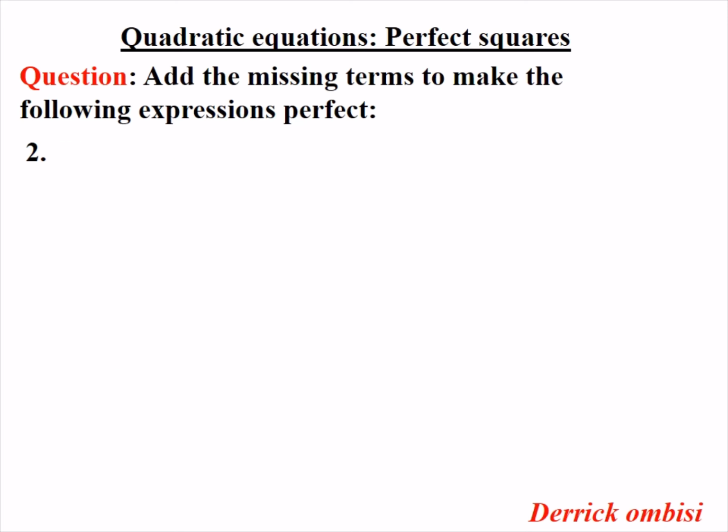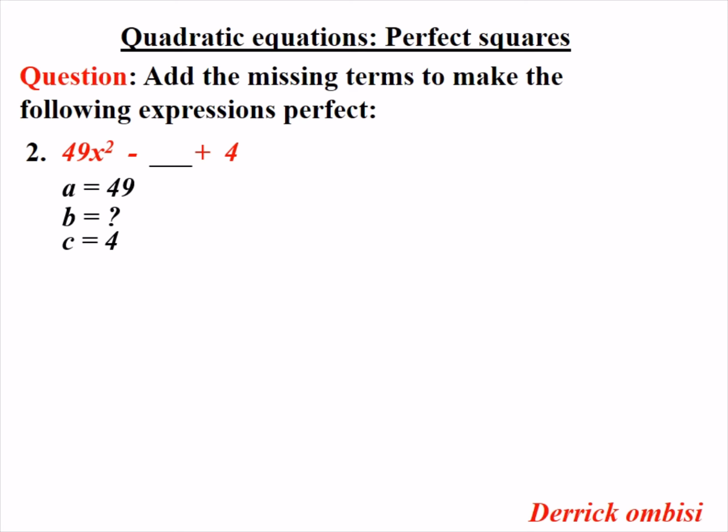We can look at the next question. It says, what must be added here for it to be a perfect square? You have 49x squared minus dash plus 4. There is x squared with its coefficient, and there is a constant which is 4. What is missing is the coefficient of x and the x itself. The value of a is 49, the value of b is what you are looking for, and the value of c is 4.